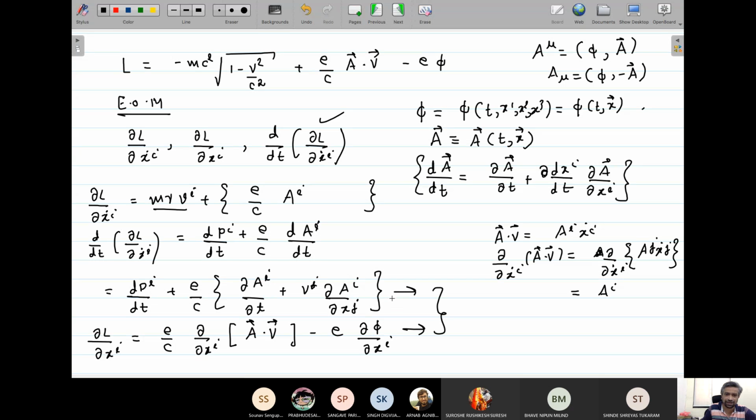We will simplify these two equations in the next class, and we will arrive at the Euler-Lagrange equation of motion. In between, I will anticipate and tell you that we need to use this definition, and I hope you are familiar with this.